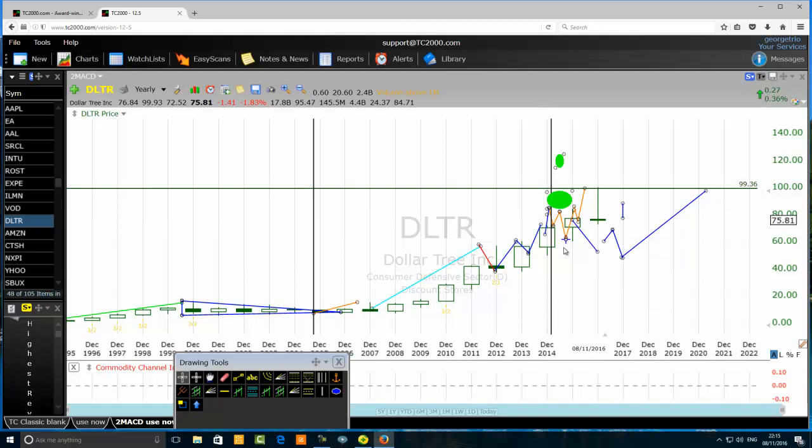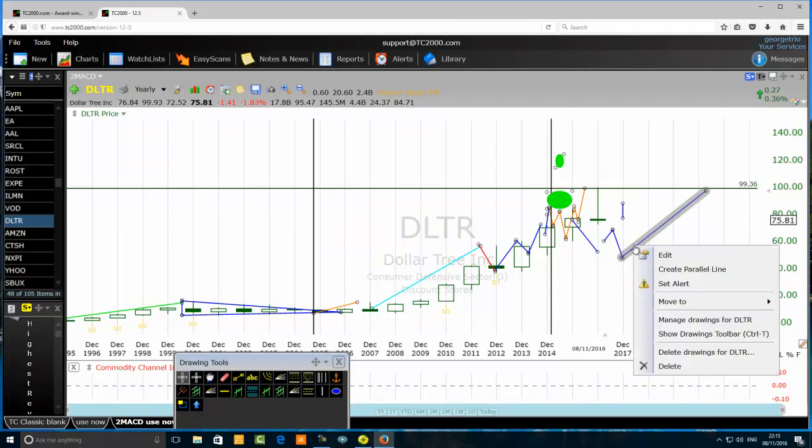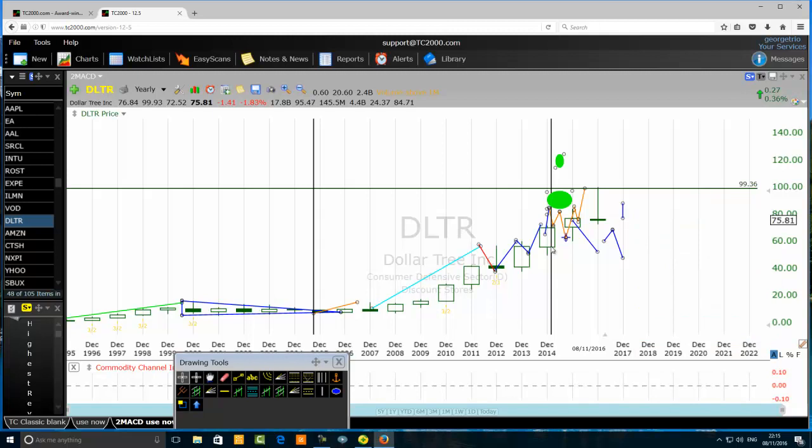But if we were counting the wave on the yearly chart alone, we wouldn't have seen the flat correction. You'd be thinking this is just the third Elliott wave. But now, from the monthly chart to the yearly chart to the weekly chart, it becomes clear to us that we are in a fourth Elliott wave for this Dollar Tree stock, and the fifth wave is still underway.